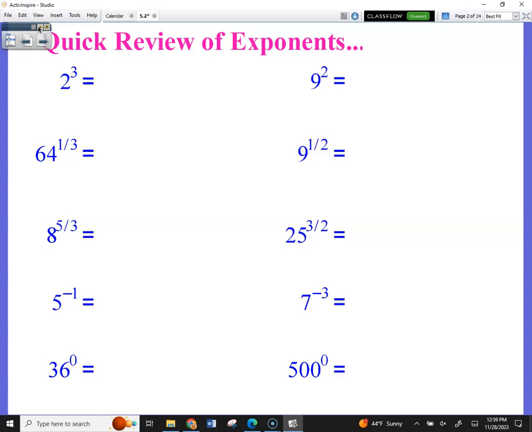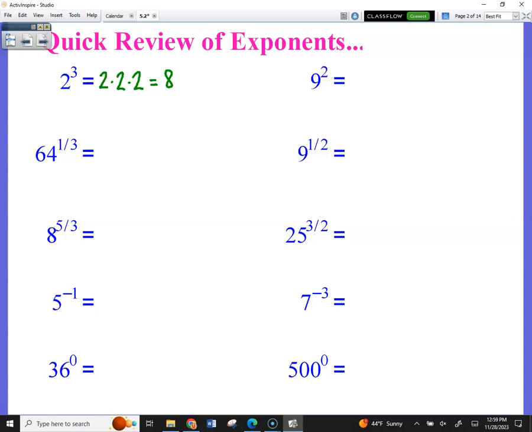Which is what? 8. Now in expanded form, this would be 2 times 2 times 2. I'm not necessarily saying you're going to be writing in expanded form every time, but I need you to remember that is the mechanics behind 2 cubed. Y'all with me?